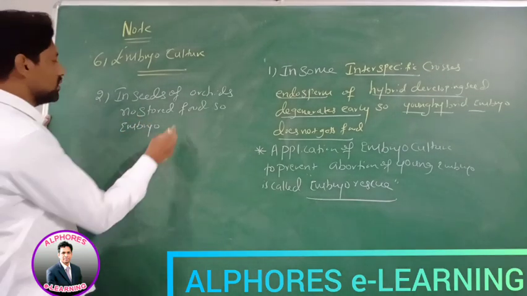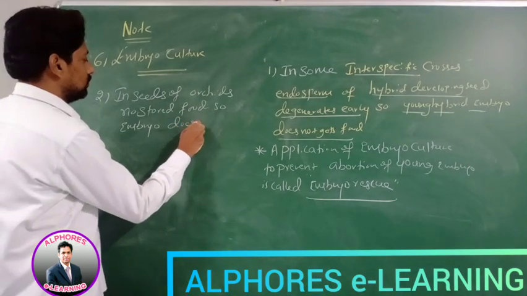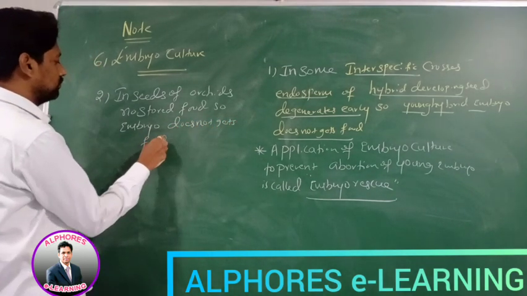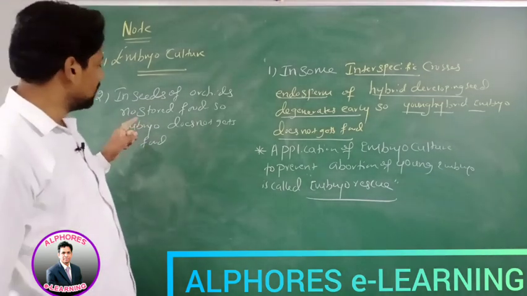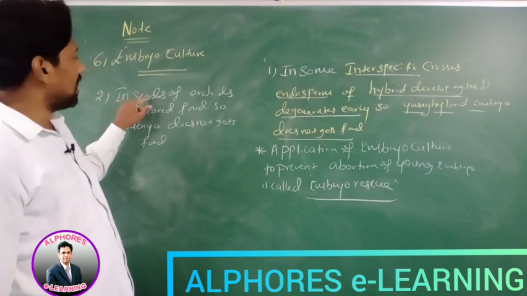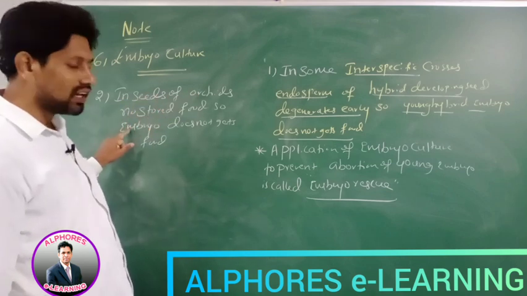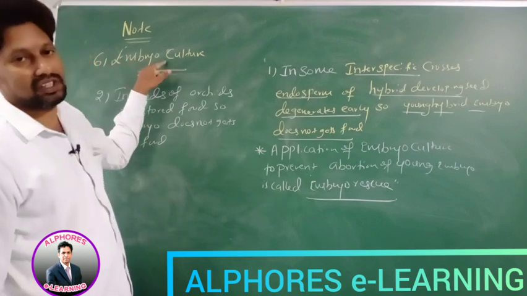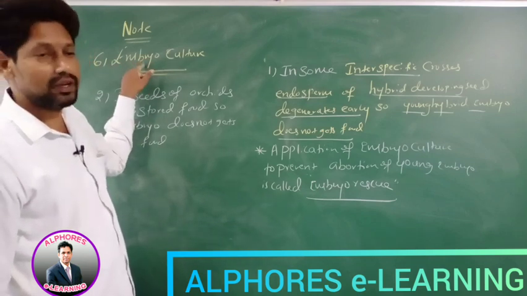No. The embryo is not getting food. In such cases, we isolate the embryo from the orchid seeds and culture this embryo on the nutrient medium. Which culture does it become? Embryo culture.